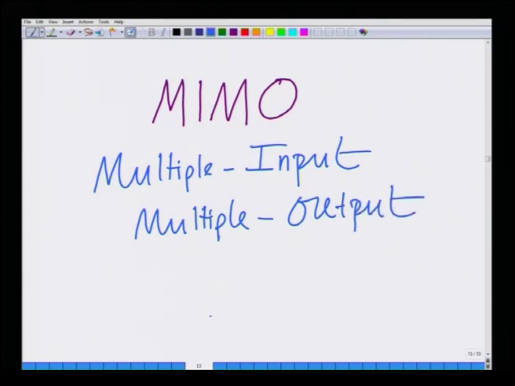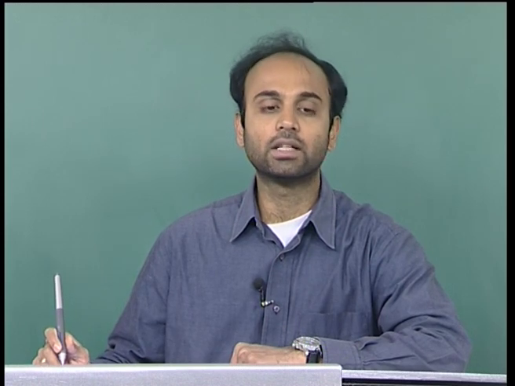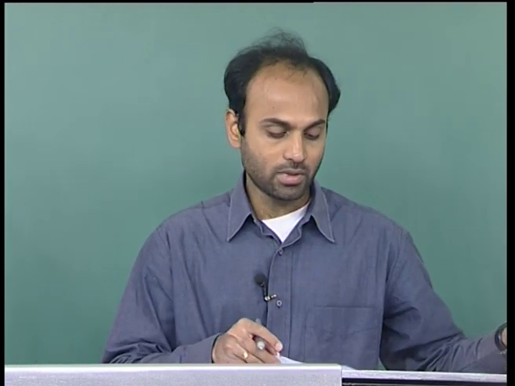So, MIMO stands for multiple input multiple output, often called a MIMO wireless system. So, we are going to discuss MIMO, the properties of MIMO wireless communication systems. That is the next topic we are going to talk about.